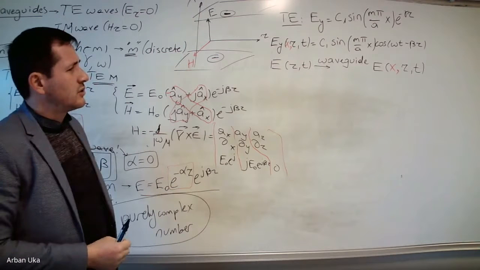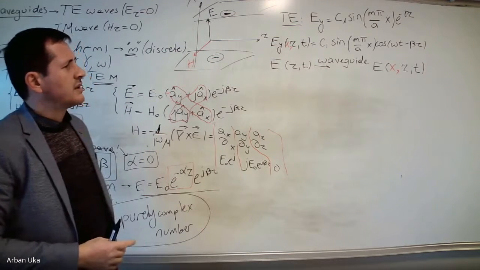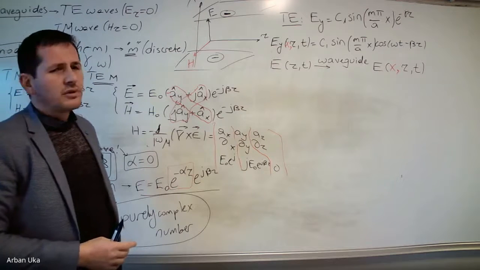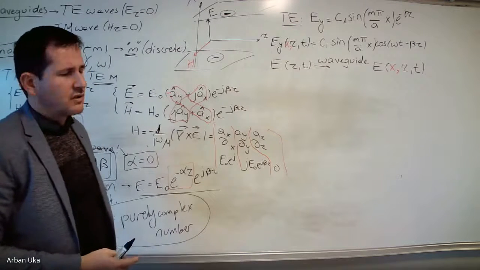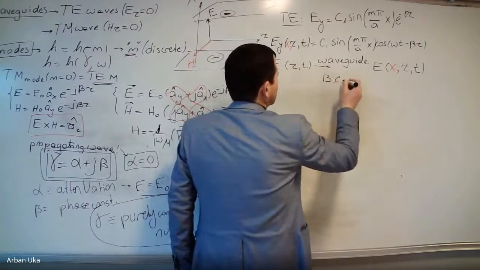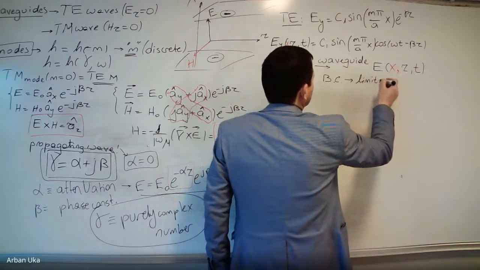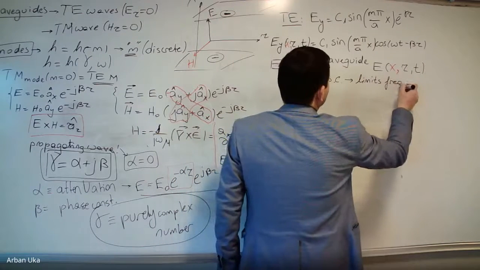Okay, it's not that the waveguide is absorbing the power. No, it's just that the boundary conditions are not satisfied. Okay, so the boundary condition, the BC, limits the frequencies.